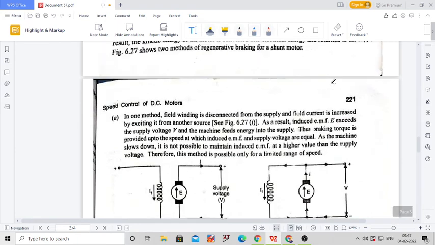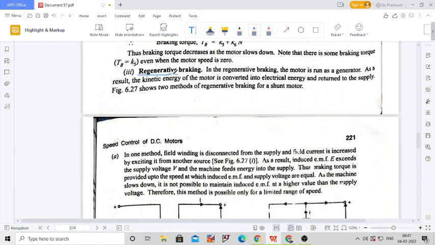Now the third method is regenerative braking. The name itself suggests regenerative, so what does regenerative mean? In the previous two methods, that is plugging and armature resistance braking, or dynamic braking, or rheostatic braking, whatever electrical energy is generated inside the armature, or whatever kinetic energy of the motor, gets converted into heat energy, and that energy is dissipated in the resistance R. So there is a loss of energy.